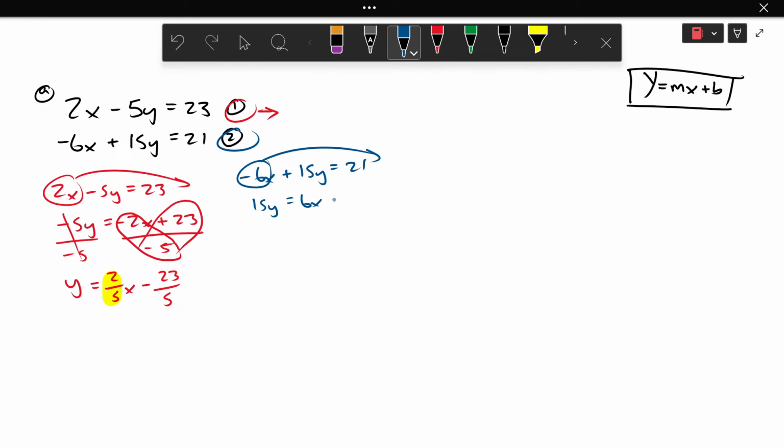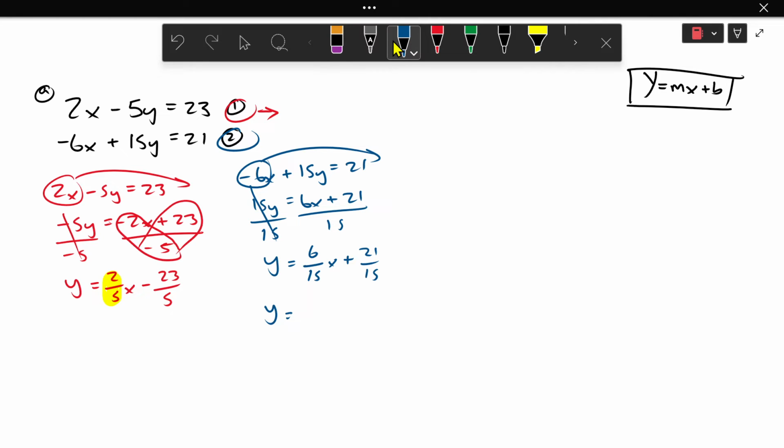So it was negative, so now it becomes positive. The 21 was still over there. If I divide both sides by 15, I get y equals 6 over 15 x plus 21 over 15. And we'll just write that again, 6 over 15x.